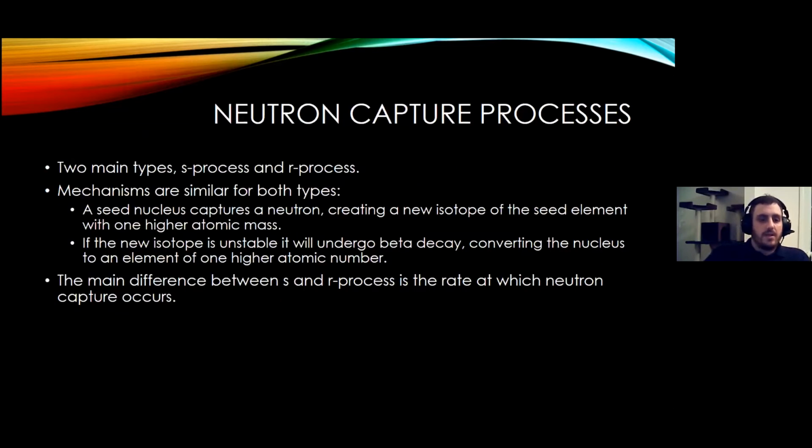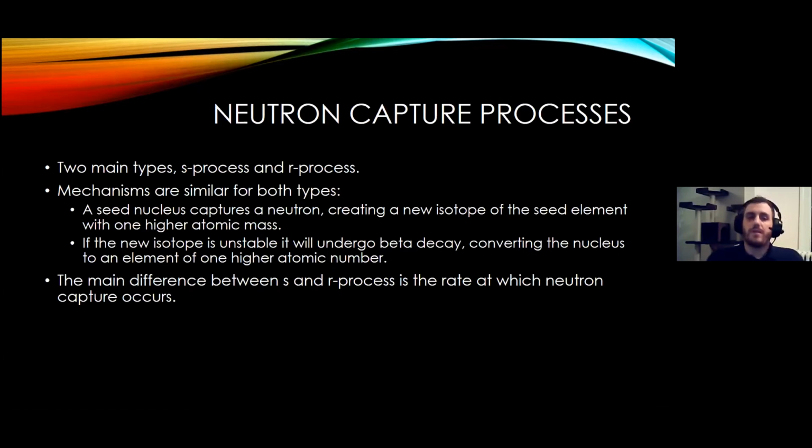So we'll take a look at both types of neutron capture processes with a little bit more focus on the R process. The two main types are, like I said, the S process and the R process. The mechanisms for both types are very similar to each other. There is a seed nucleus, usually an iron nucleus, starting out, and it will capture a free neutron that is flying around in outer space, which creates a new isotope of that seed element with one higher atomic mass.